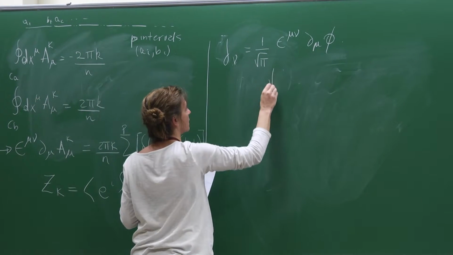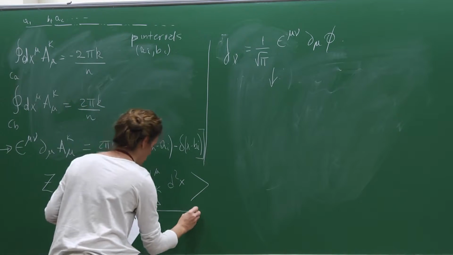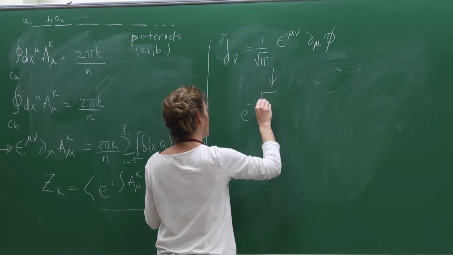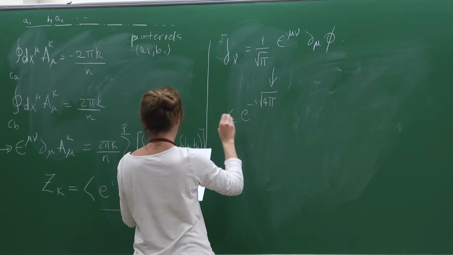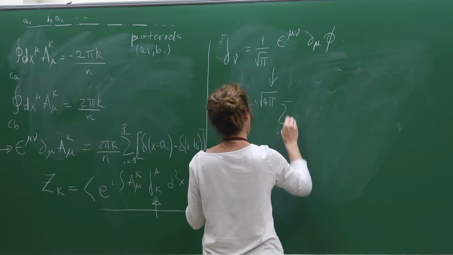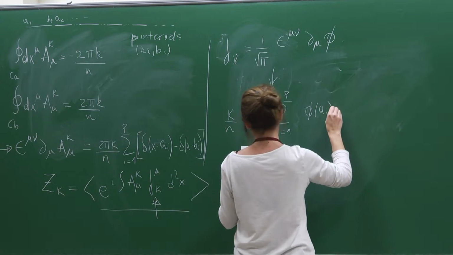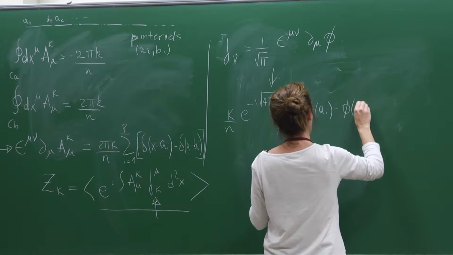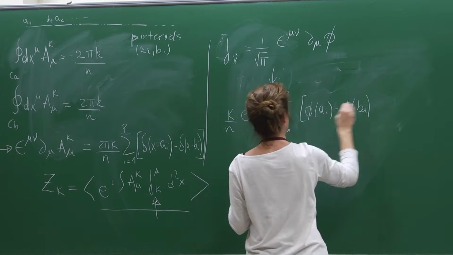What you get, and you can check, is that it has, I believe, a square of 4 pi. You have a K over N. You have a sum till P. And what you have here is this, like this.